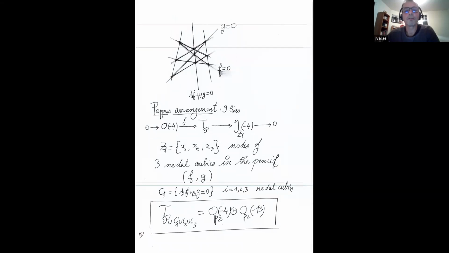And so in the general case, 3 nodal cubics are missing. And if you add these 3 nodal cubics to the Pappus arrangement, then you get a free arrangement. This one, the Pappus arrangement, is not free, because the zeta is not empty, it is given by the 3 nodes.